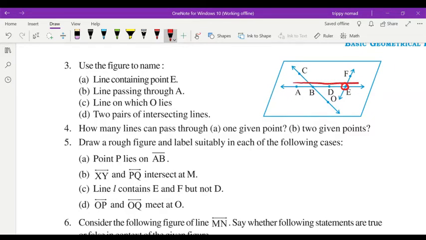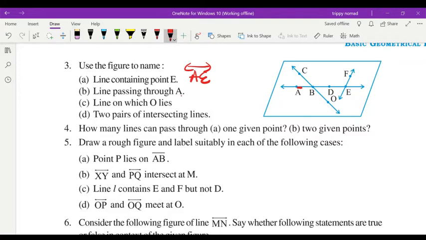This is line AE. Here the answer will be AE. Understood? So next one, the line passing through point A. This one, the line passing through point A.